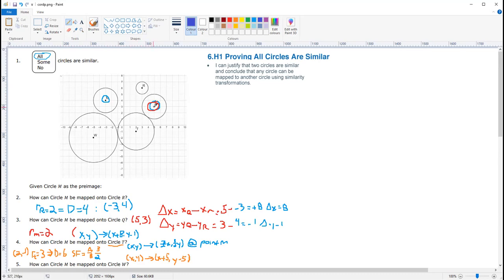M and Q are the same size. So 3 on the 4, that should have been a 1/2 shrink. I just noticed that now. Oh, so we should have applied a 1/2 scale factor to that one.